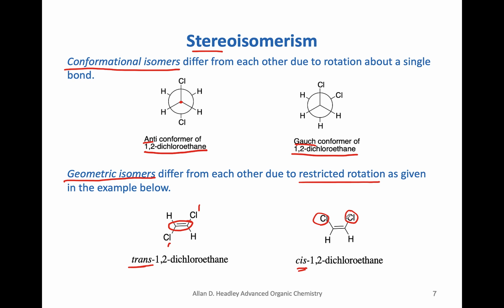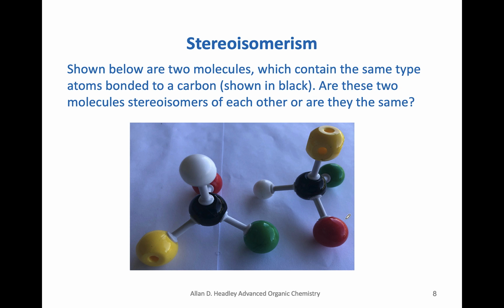So these are two types of stereoisomers. Let's see if there are other types of stereoisomers. So let's look at this picture here of two molecules. We have a carbon, and it's the ball and stick model, of course, as you see here, which has a white, yellow, green, and red, and the same white, yellow, green, and red.